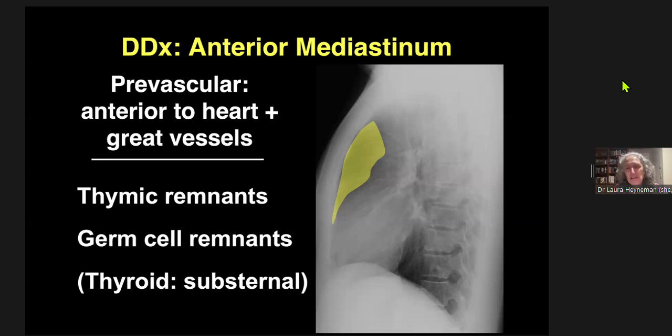The anterior mediastinum in an adult contains a lot of fat and a few small vessels, internal mammary vessels, for example. But from a pathology standpoint, it contains thymic and germ cell remnants that can then grow and develop lesions that we can then see on the radiograph. A lot of people include the thyroid in the anterior mediastinum.